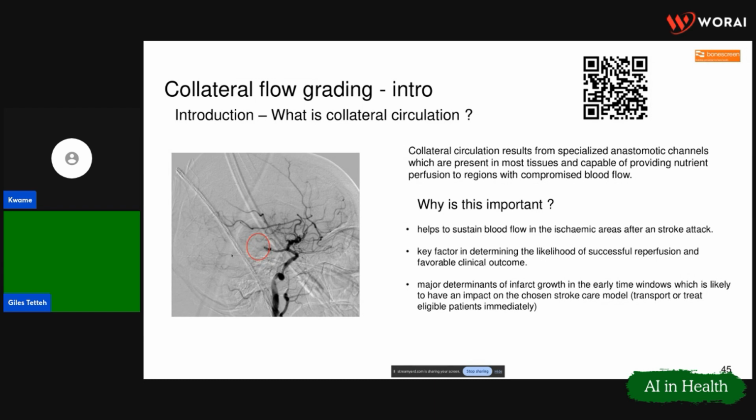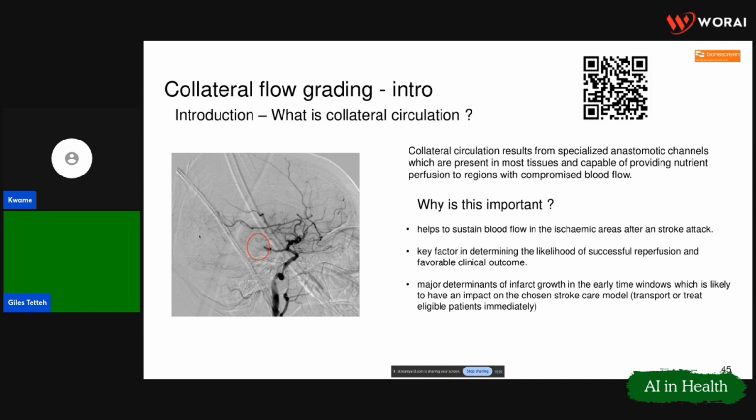What we call infarct. Now, in some cases, there would be other specialized vessels in this region which can supply oxygen to this area where the main vessel cannot supply oxygen to.